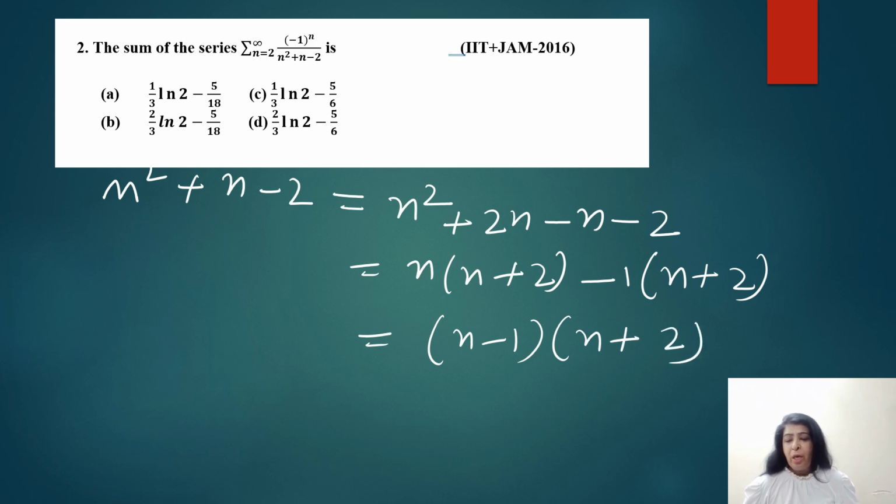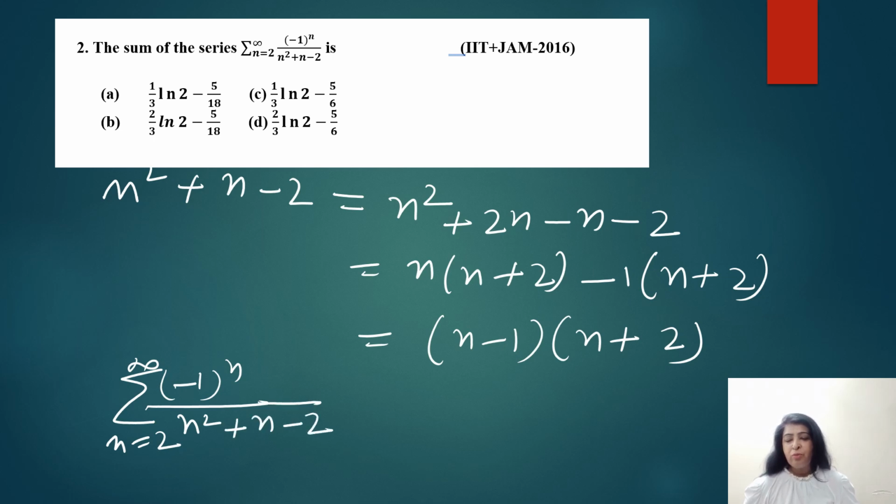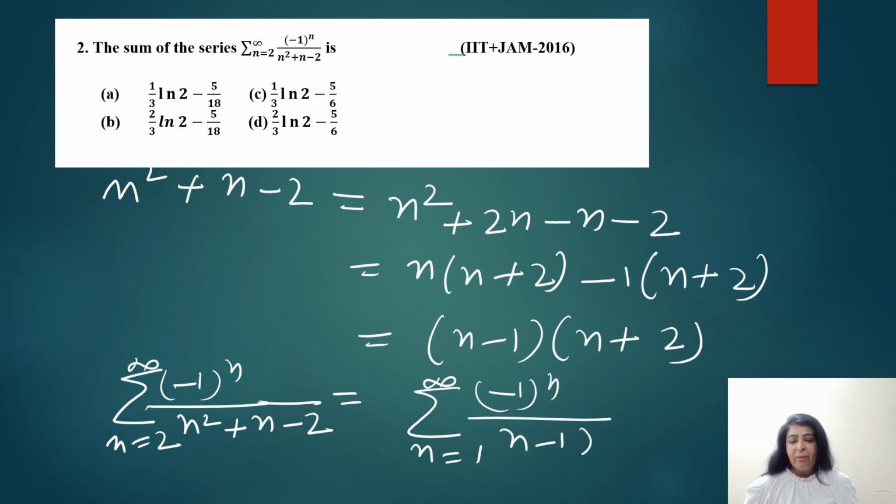Now just expand it. So what we have, sigma n varies from 2 to infinity, minus 1 raised to power n upon n square plus n minus 2, which is equal to sigma n varies from 1 to infinity, minus 1 raised to power n divided by (n minus 1)(n plus 2).